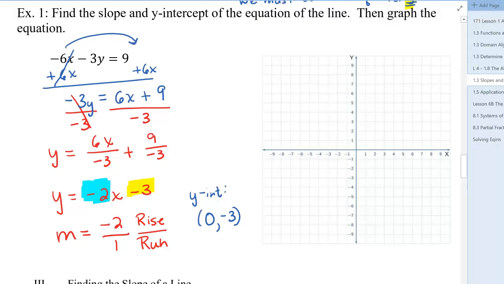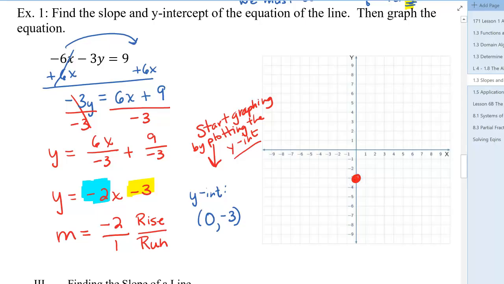To graph a line using the slope and the y-intercept, we're going to start by plotting the y-intercept. I'm not going to go right or left, but I'm going to go down 3 and plot that point.